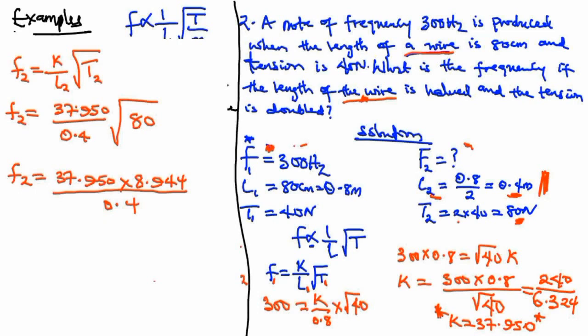So 37.950 times 8.944 is going to be equal to 339.424 divided by 0.4, which is going to be equal to 848.56 hertz.